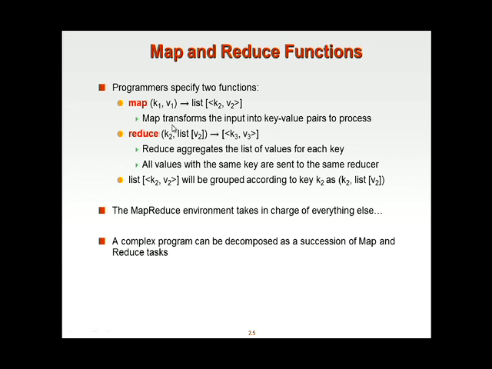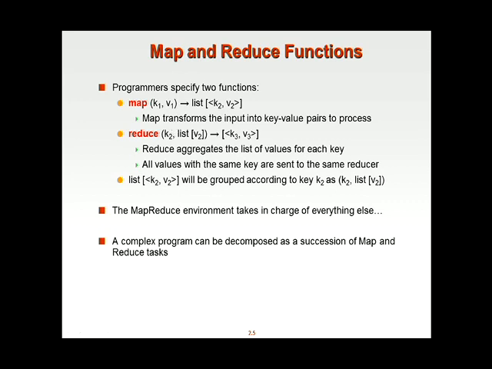For example, in word count, each term from different mappers has the same key for the same term, but with the value 1. So MapReduce groups all the 1s for the same term. And the reduce function will receive one term and a list of 1s, which represents the count of this term.